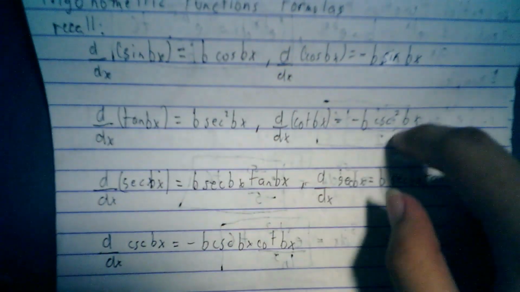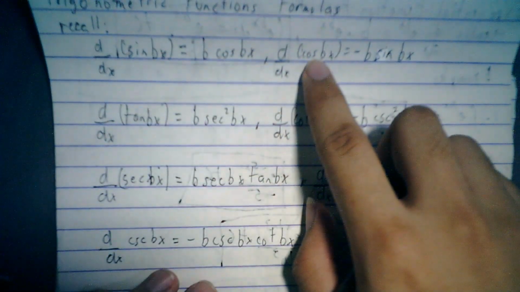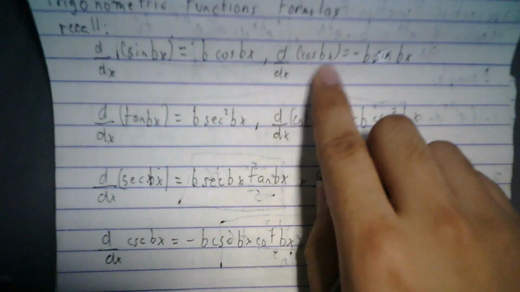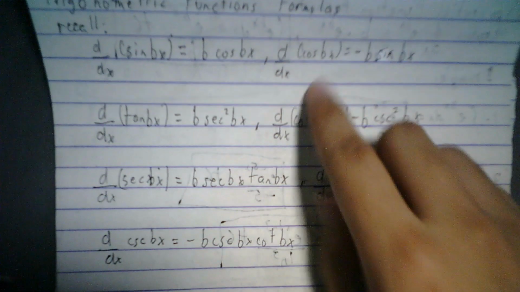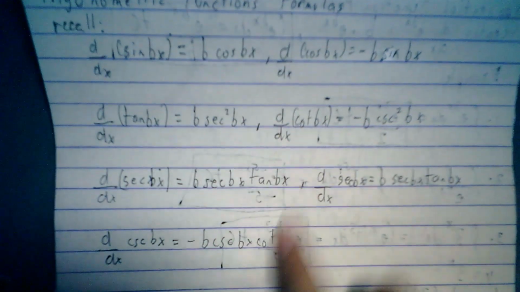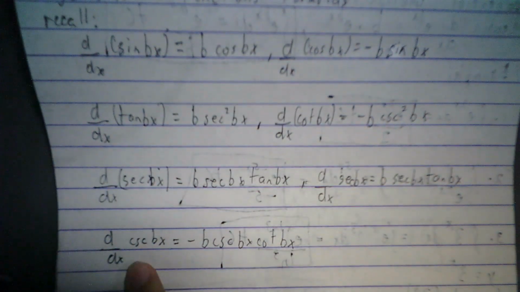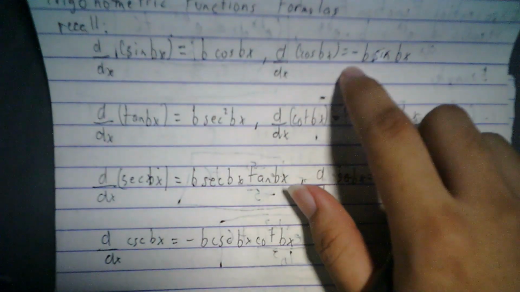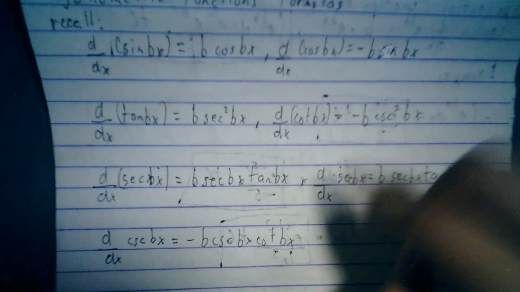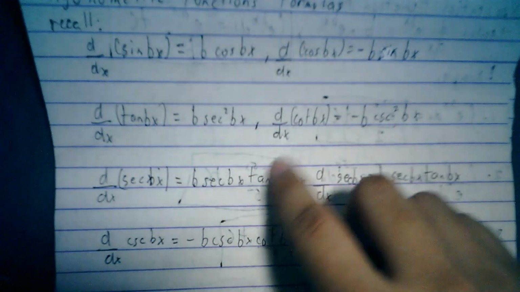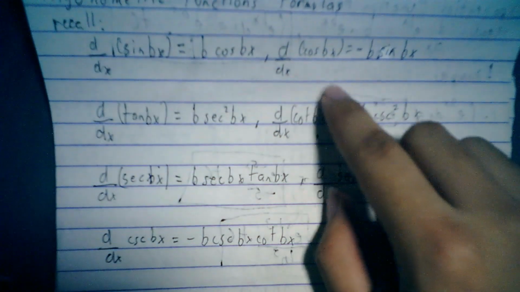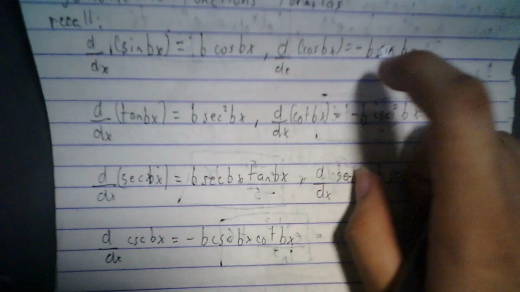All the cofunctions here, cosine, cotangent, and cosecant, all of their derivatives are equal to negative. So the principle of this is that all cofunctions are just equal to the negative of their derivative.